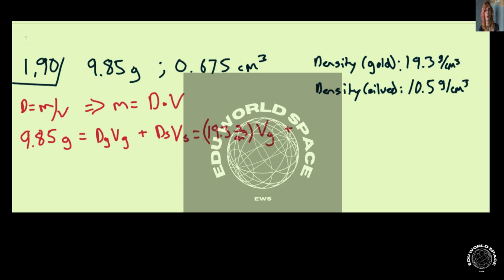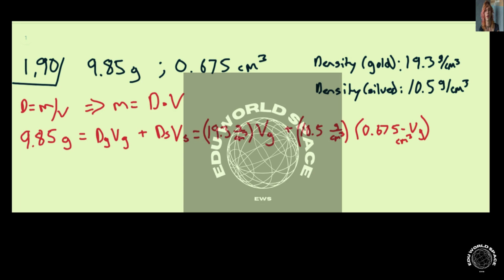And then we add the density of silver, which is 10.5 grams per centimeter cubed, and then we multiply by the volume of the silver, which we can describe as being the total volume minus the volume of gold. So now we have an expression here with only one variable, which is the volume of gold.